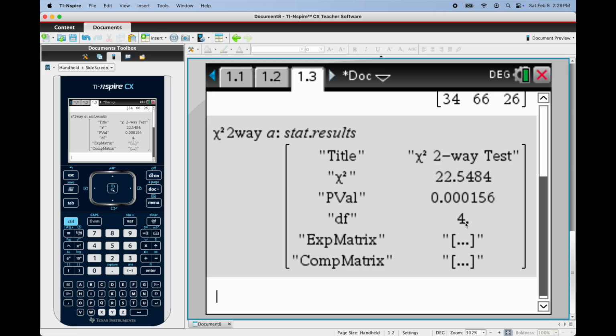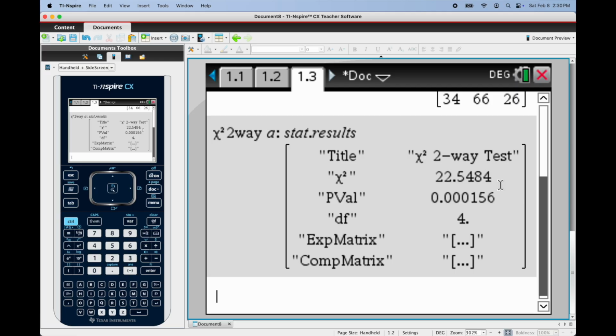So here we have degrees of freedom, we have the chi-squared value that we found, and we also have a p-value. So either of these will be enough for us to determine whether we should fail to reject the null hypothesis, or reject the null hypothesis.